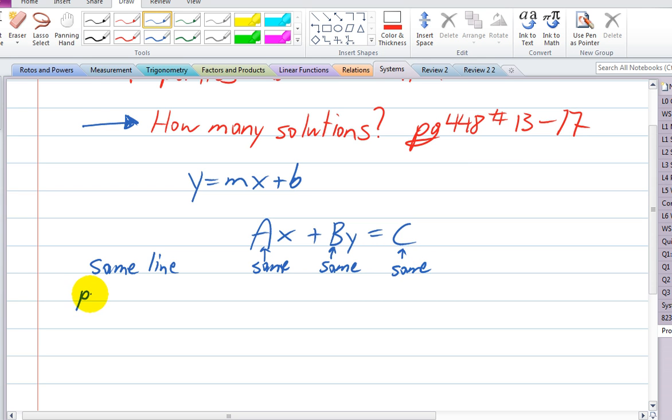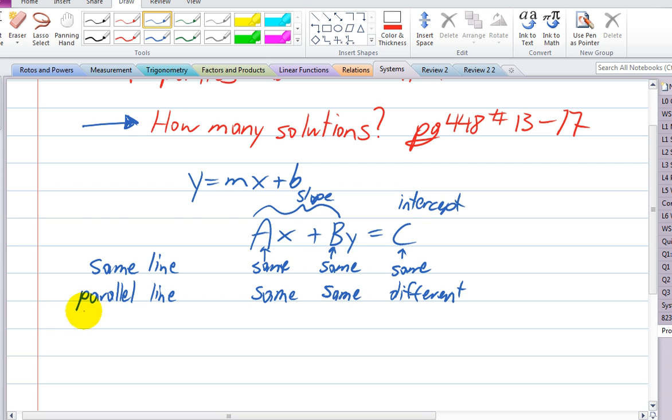For a parallel line, you'll still have the same slope. This stuff is all here, your slope. And this last c is your intercept. However, for parallel lines, this will be different.